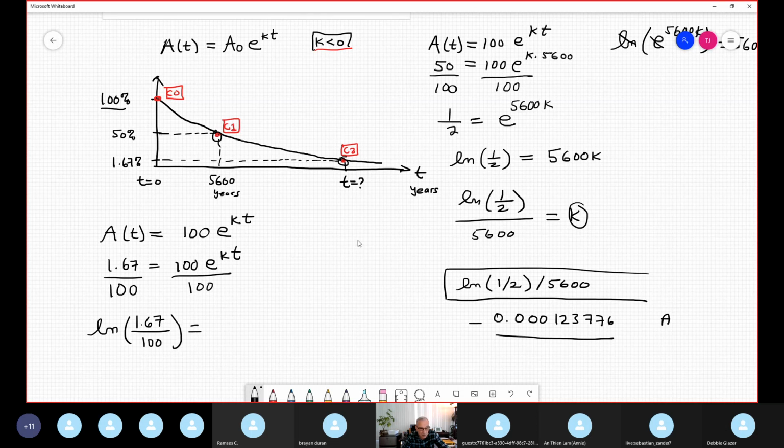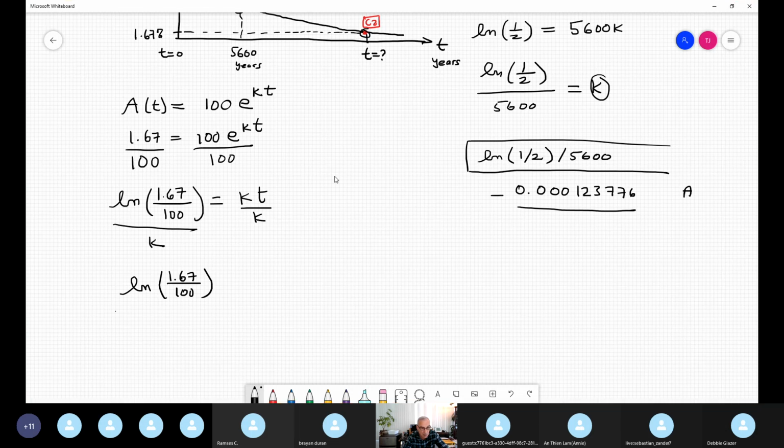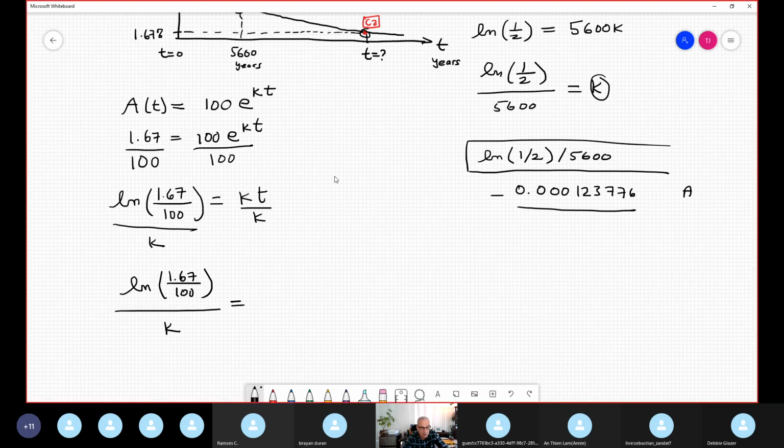This is KT, because logarithm and exponential cancel out. Therefore, T alone is the natural logarithm of 1.67 divided by 100, divided by K.